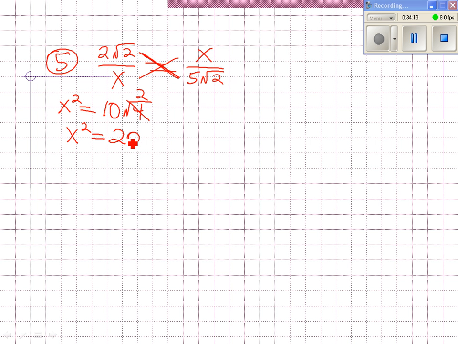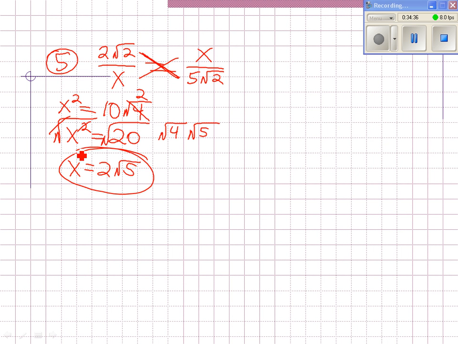Now what? Take square root of both sides. Is 20 a perfect square number? No. But what will go into 20? Give me a perfect square number that'll divide evenly into it. 4 times 5, right? What is square root of 4? 2 radical 5 is your answer.